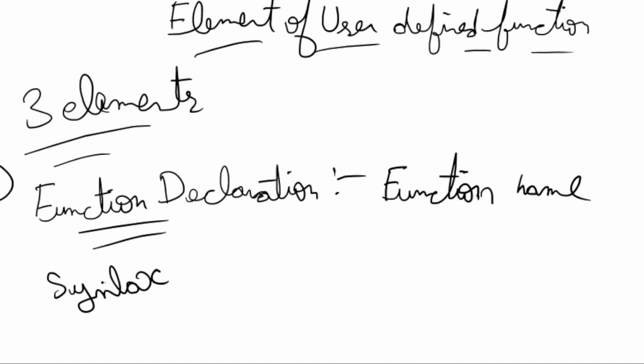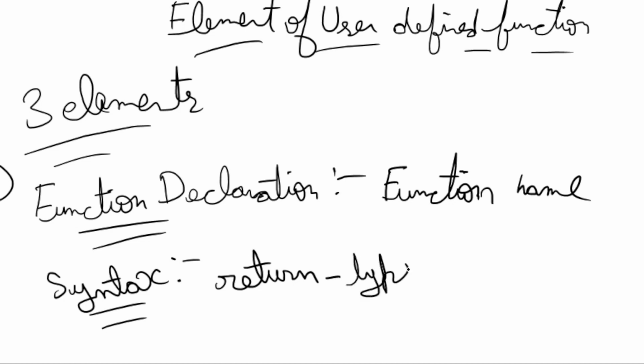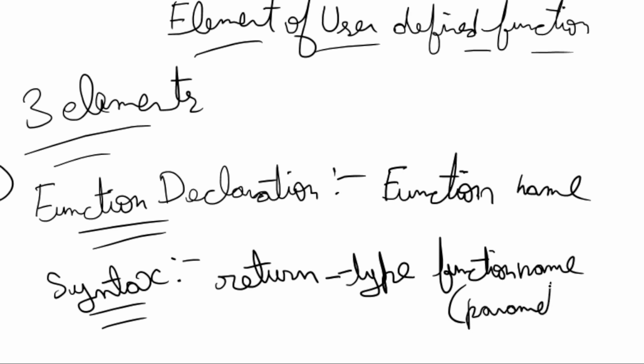The syntax for the function declaration is: your return type, any kind of return type, and your function name. If you want to add some parameters or arguments, you can add them in brackets, and after that you have to give a semicolon.